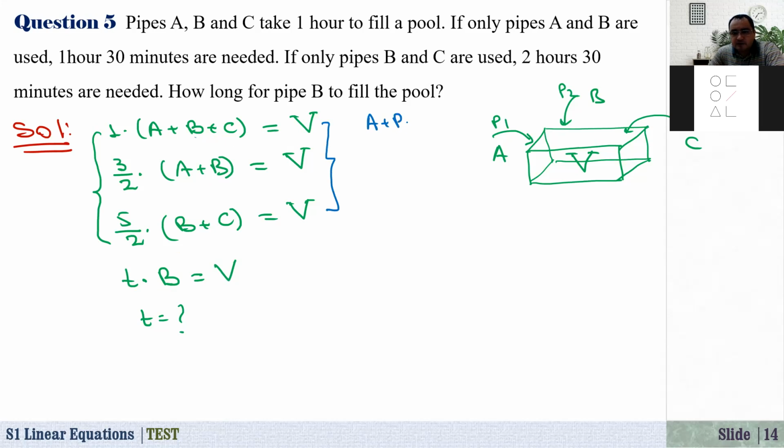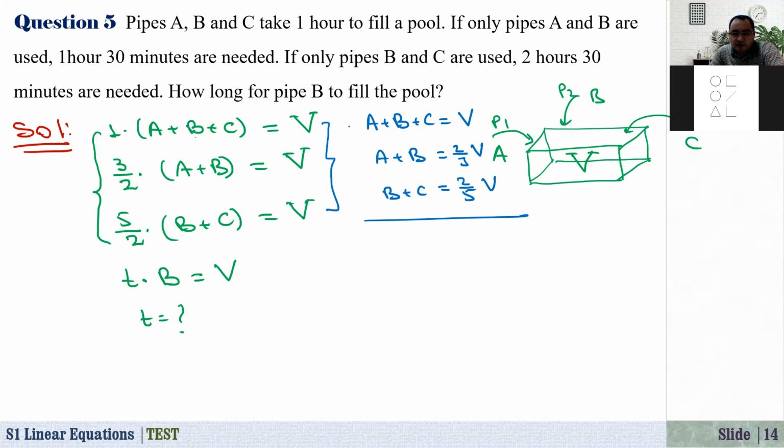A plus B plus C is equal to V. The second one, A plus B, multiplying both sides by 2/3, is 2/3 V. The third one, B plus C, is equal to 2/5 V, right?